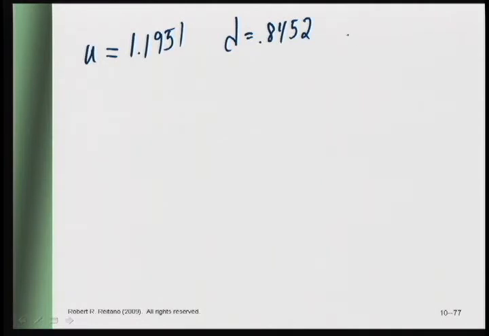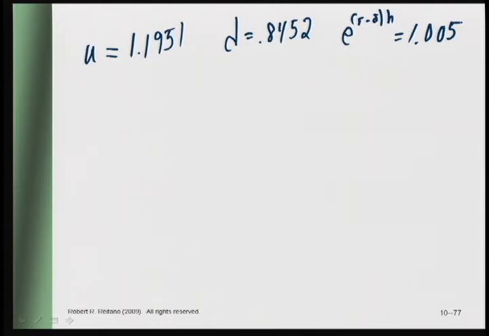So if we wanted to do this in a bit more detail, the up state, we saw the expression a moment ago, would calculate out to 119.51. The down return in this example would calculate to 0.8452. And then we have an accumulation factor, e to the (r minus delta) h, which is a little bit over 1.